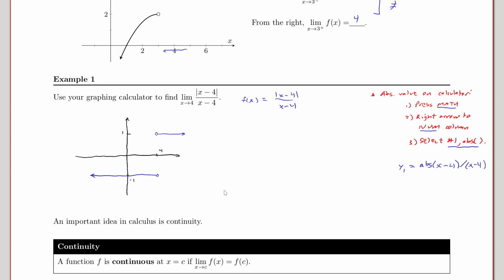If you don't get a graph that looks like the one over here, then you'll know something is entered wrong. One difference is when you do graph this on the calculator, it's not showing you the whole story. At 4, it'll look like this on your calculator.